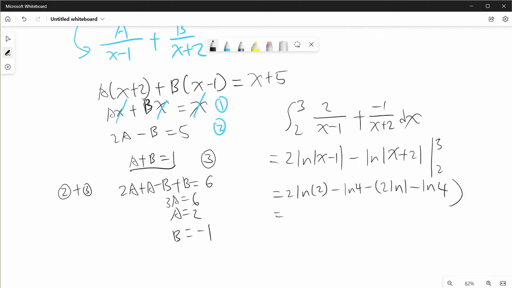And then what we can do is move this 2 inside, it will become the power inside, right? So we have ln 2 squared minus ln 4 minus ln 1 is 0, so all this is 0, plus ln 4. Wait, that should be ln 5, because it's 3 plus 2.